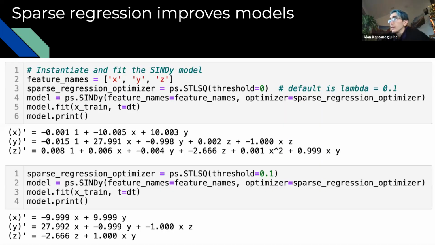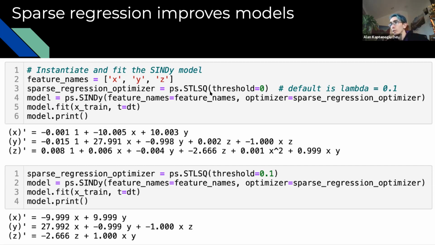So just to show you what this looks like in PySINDy, sorry for the huge text here. Basically, what you can do with PySINDy is define some variables saying what the names of your variables are. I've preloaded some Lorenz data in here. We say the names of the variables are X, Y, and Z. We define some optimizer for the SINDy regression.